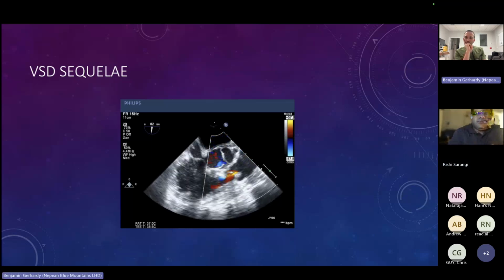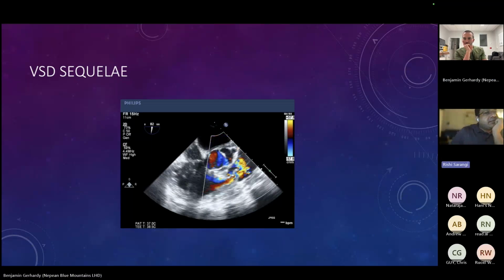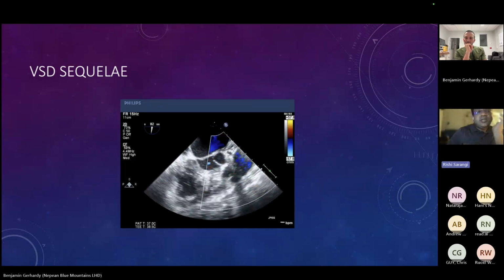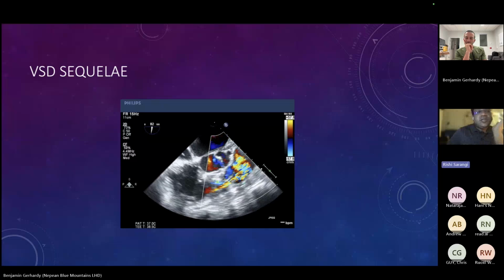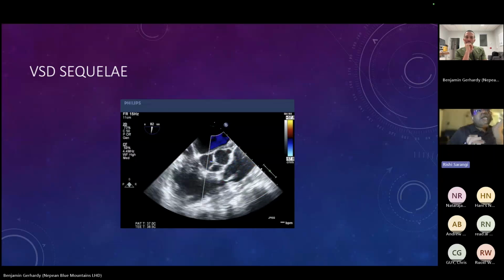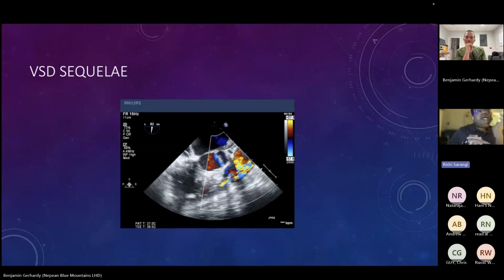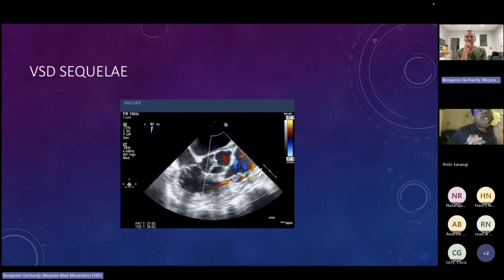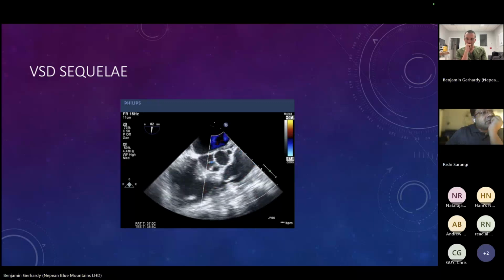And why? So initially there is right-sided volume overload. So there should be dilatation of the right side, but at the same time, there could also be an increase in the LV end-diastolic volume. So you say right side, right atrium, right ventricle?